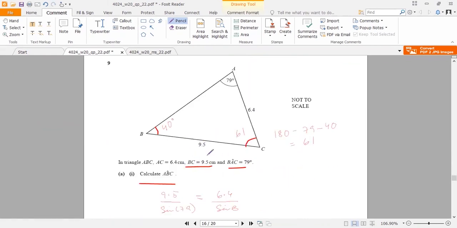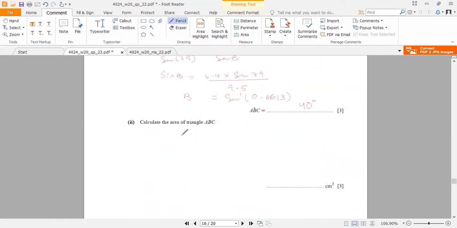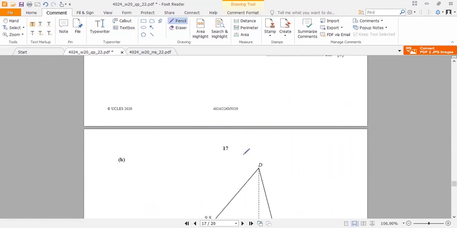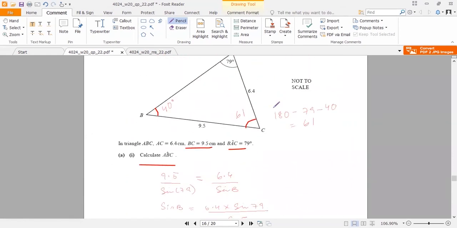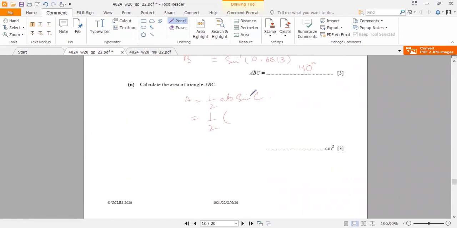So here we can apply the formula 1 upon 2 AB sine C. 1 upon 2, the values of the sides are 9.5 and 6.4, and sine 61. After solving it, the area will be 26.6.